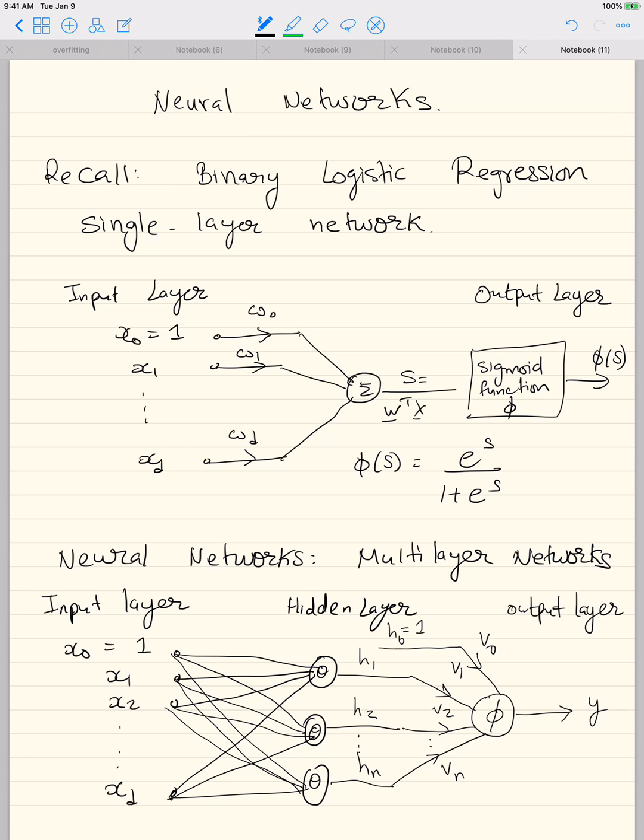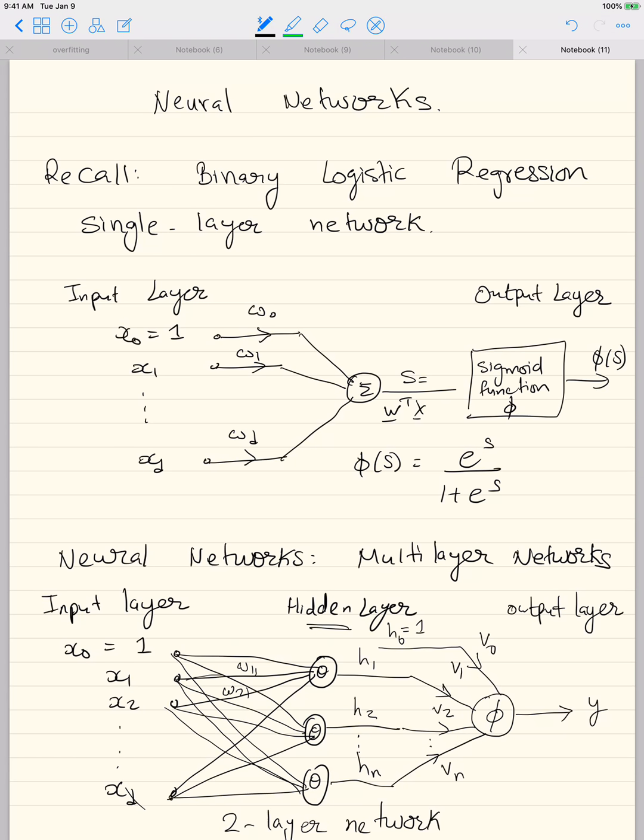So again, this is an example of a two-layer network. There is an input layer, then there is a set of edges connecting the input layer to nodes in the hidden layer. The hidden layer has n nodes in this example, and the weights between the input layer and the hidden units are denoted using the symbol W. So in this case, this weight here will be W11, this weight will be W21, and so on.